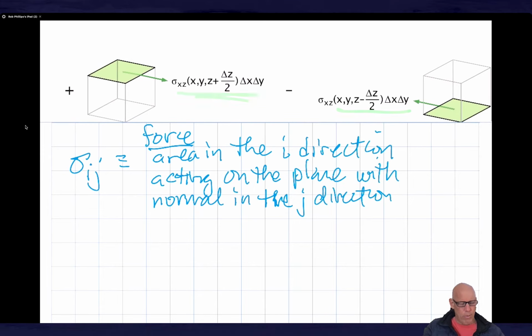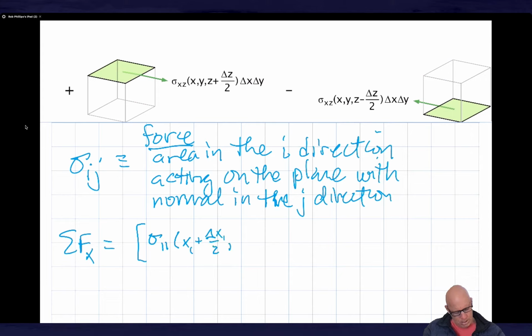So if I sum all the forces in the x direction, what I'm left with is sigma 1,1 at x1 plus delta x1 over 2, x2, x3, minus sigma 1,1 at x1 minus delta x1 over 2, x2, x3, multiplied by delta x2, delta x3.